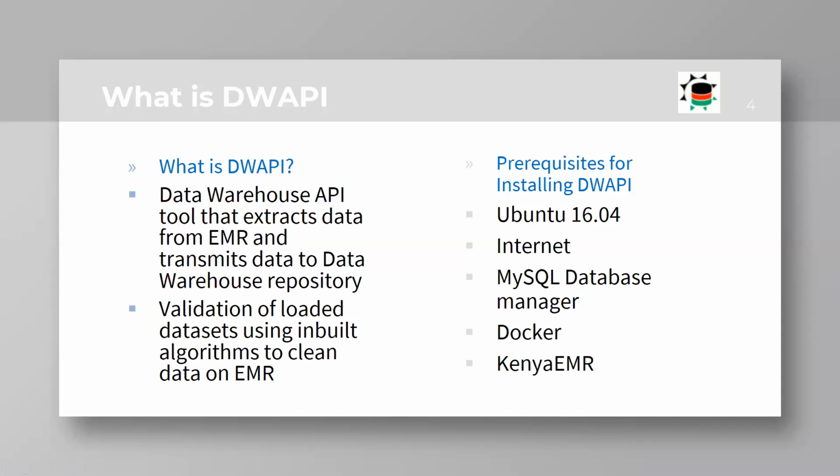You'll also need the MySQL database installed, preferably configured, but you can do the configuration at a later time. You'll also need to download the Docker container. And lastly, you need KenyaEMR to link and pull data from.